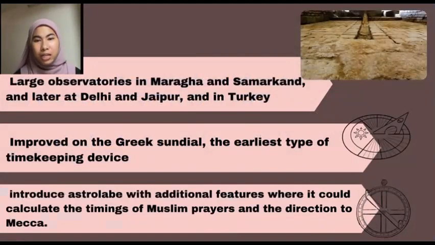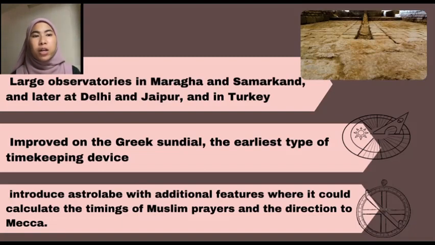In the last part, I would like to discuss the developments in astronomy by Muslim scholars in general. They introduced a lot of things to improve the astronomical system in the world, and they made large observatories, for example in Turkey, Delhi, and Maragha.